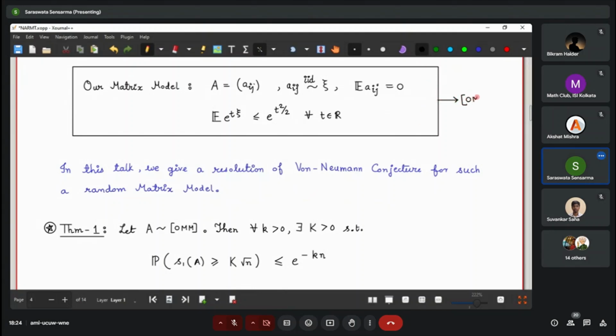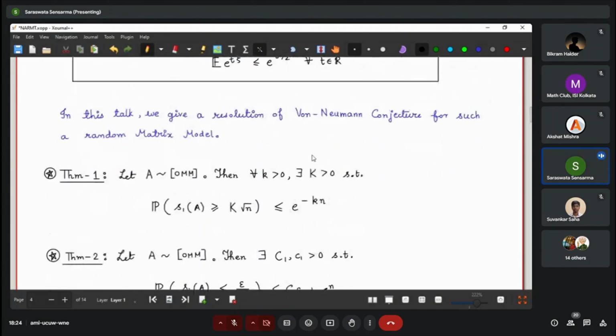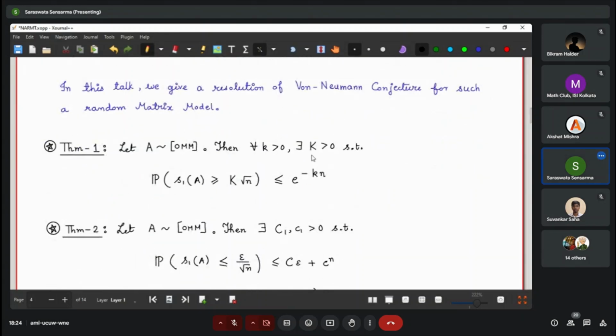Okay, so this is our matrix model, right? Let's call this OMM. So if A follows our matrix model OMM, then these are the theorems that we'll be getting at. The first theorem involves the largest singular value, and it says that the largest singular value being larger than a constant times square root n can be given an exponential bound.